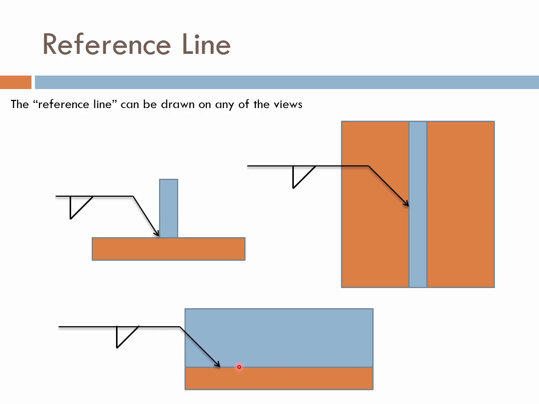Now you might do this if you're doing a staggered weld. An intermediate staggered weld would be here. Same thing you could do here. We'll go through all this, but just remember that the reference line and arrow can be on any of your orthographic projection views, your front, side, any of your views.